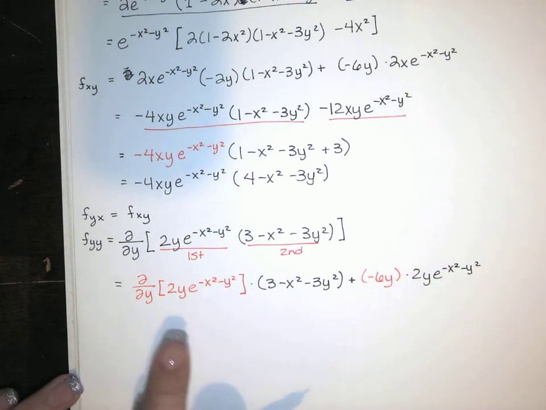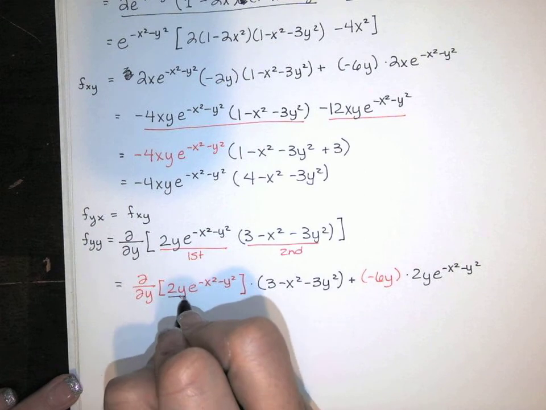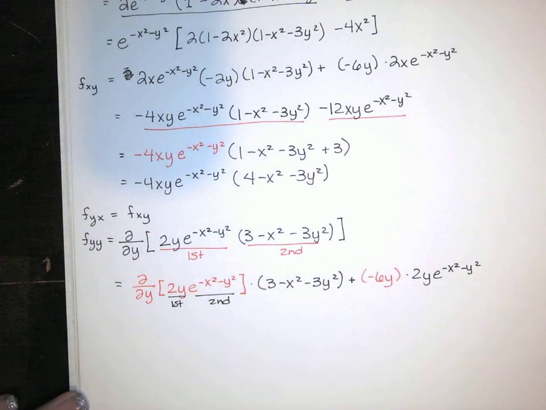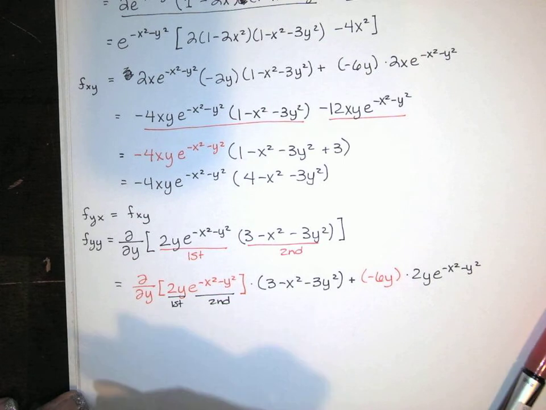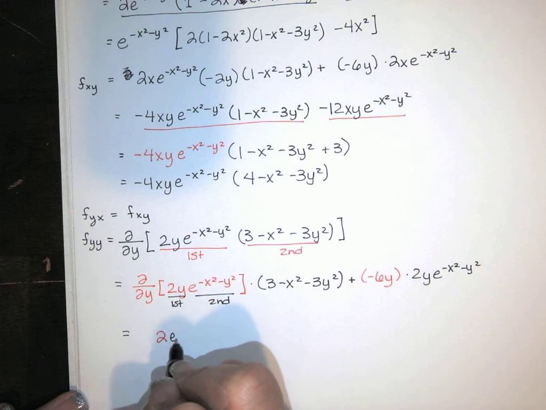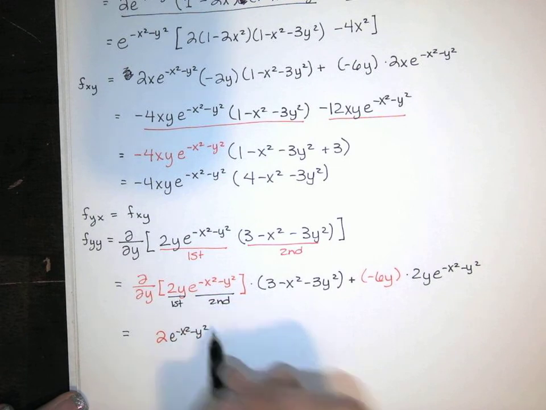And this guy requires a product rule because I've got a function of y times a function of y. That's my first function and that's my second. So we'll have derivative of the first is 2 times the second plus the derivative of the second.